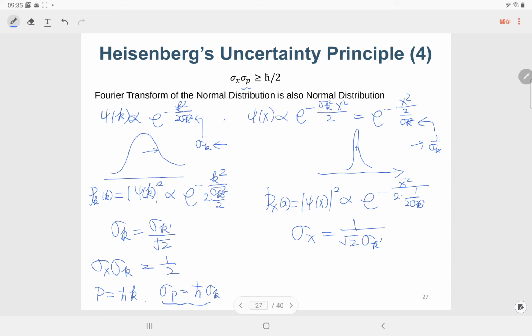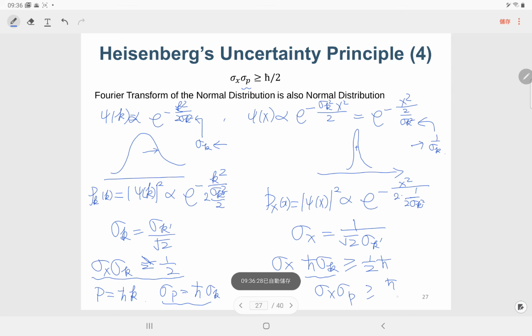So actually we have this one. So we can just multiply by, or maybe we have a larger or equal to. So we can multiply both sides by h bar: sigma k larger or equal to 1/2 of h bar. So this one is sigma p. So we have sigma x, sigma p larger than square root of h bar over 2.